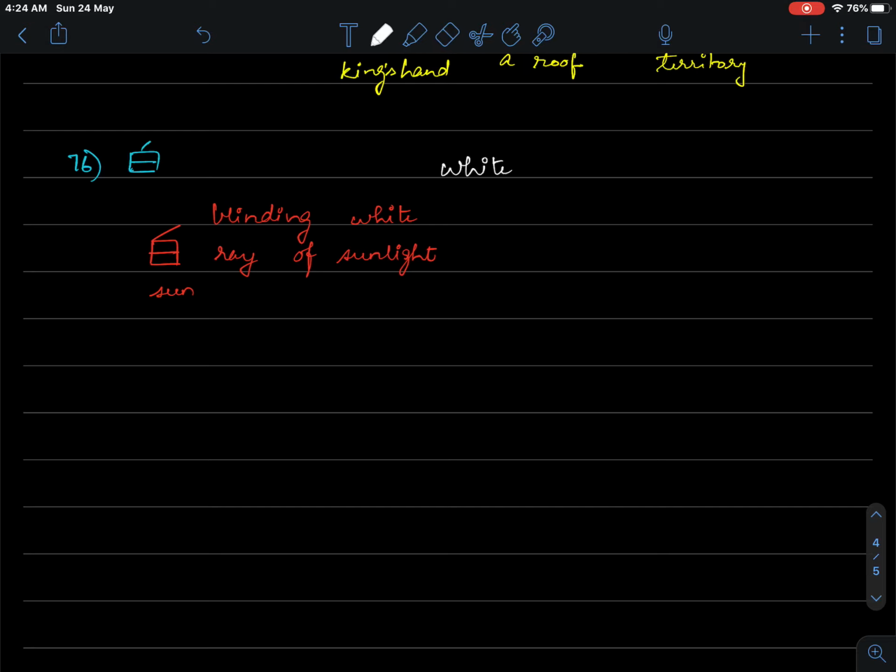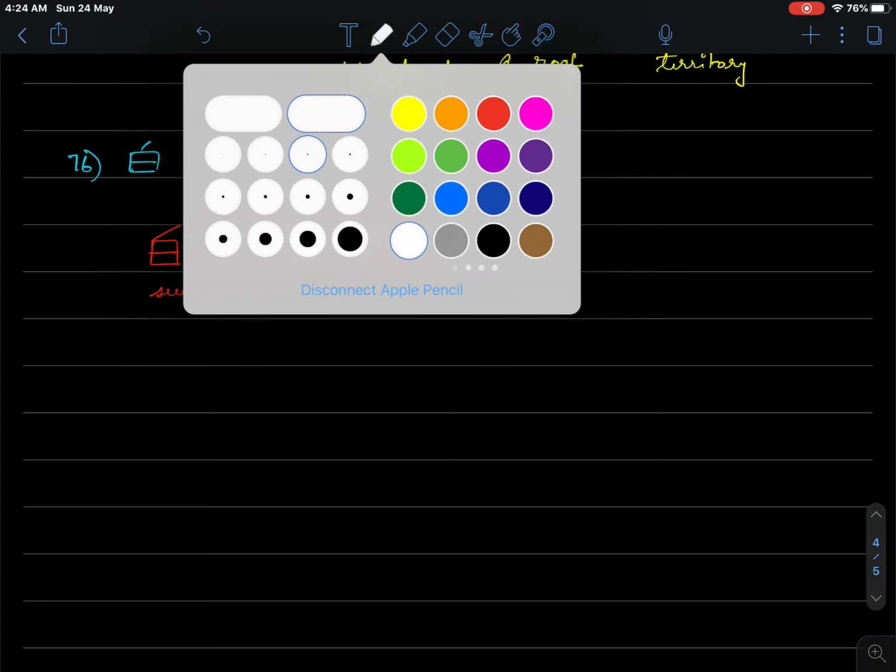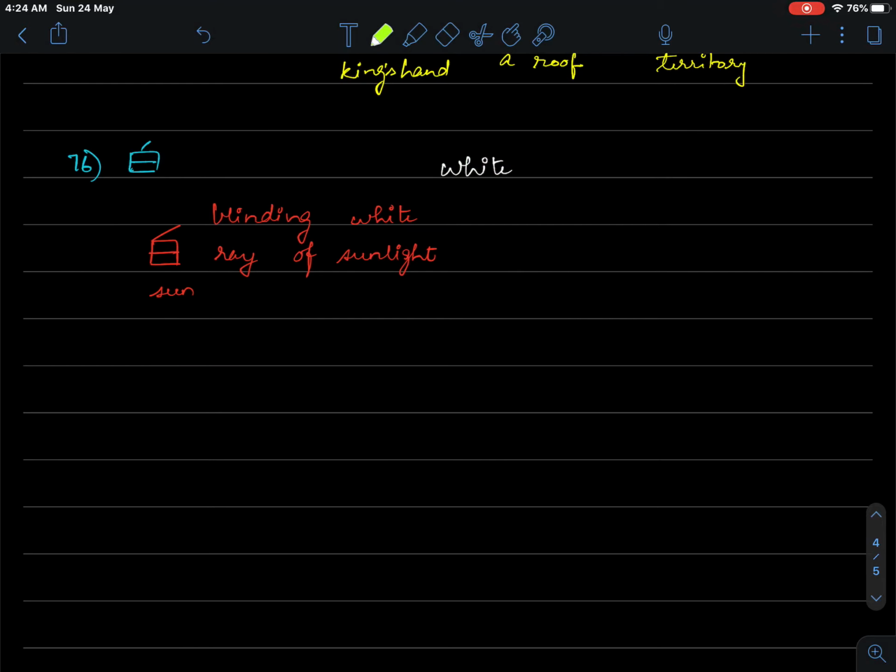Now you know why I had to say blinding white ray of sunlight instead of just saying ray of sunlight. The blinding white part is what is the memory trigger for you. Okay, let's have a look at the on and kunyomi. Very related ones, shouldn't be too difficult. Shiro, then you have shiro as a suffix, then you have shiroi.